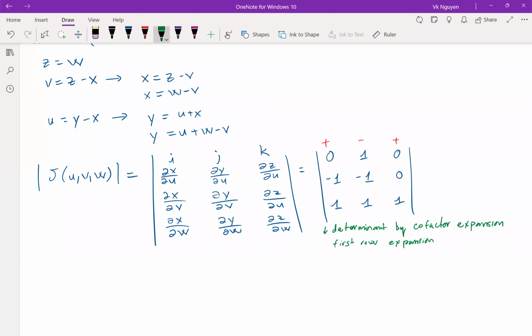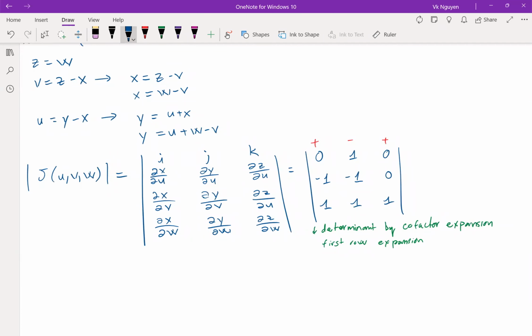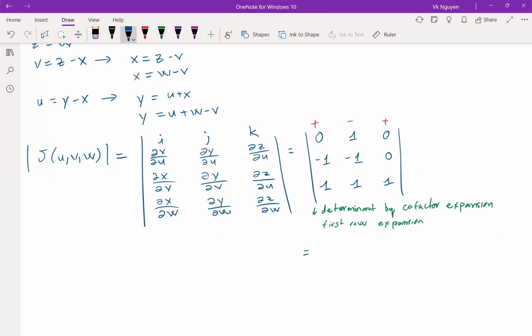I'm not going to put a 3x3 on the exam. It's way too long. So 0, and then you cross this out and cross this out, and that will give you -1, -1, 0, 1, 1. Next one is the -1 here.